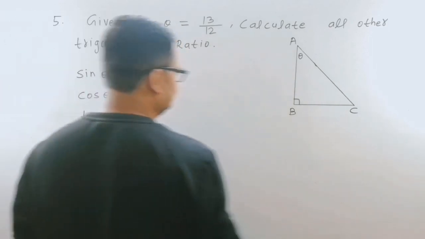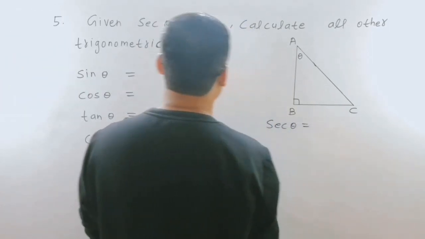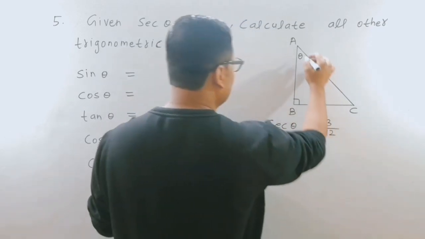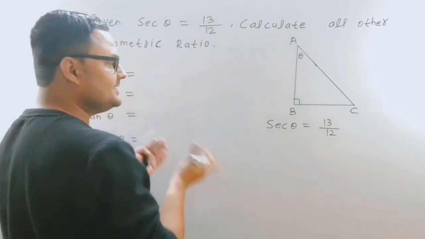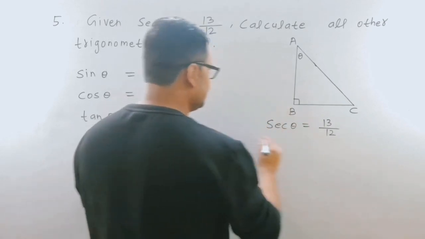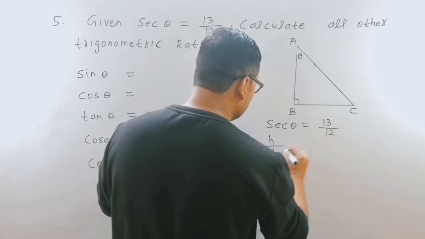Now sec theta equals 13 by 12 for this angle theta. We know sec theta is the reciprocal of cos theta, that is, sec theta is hypotenuse by base.